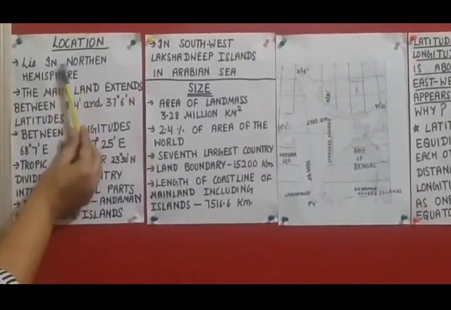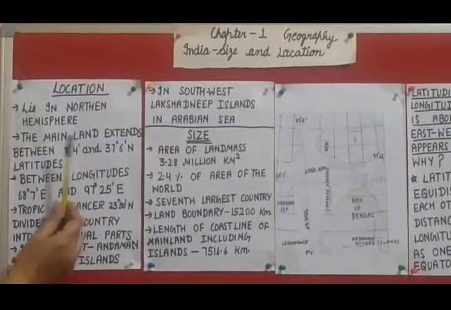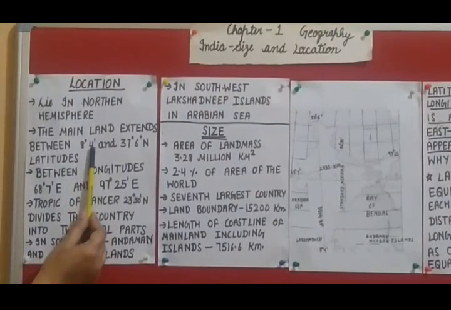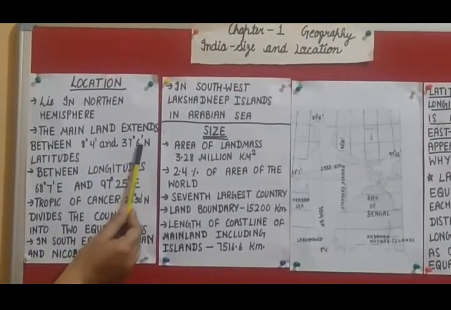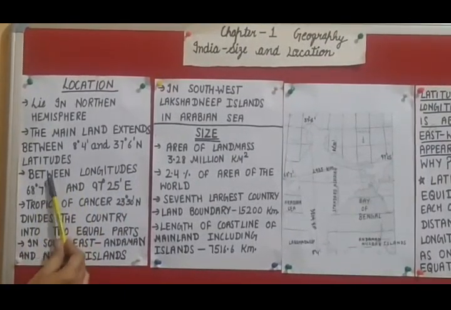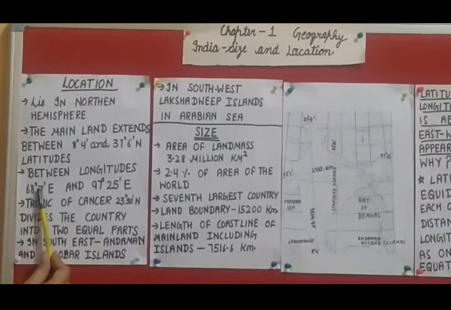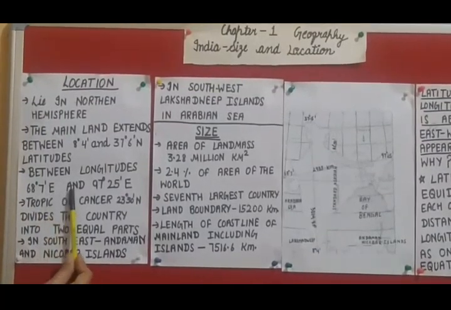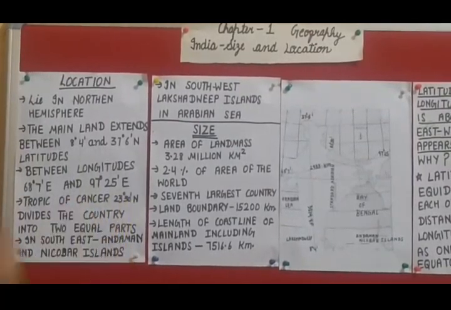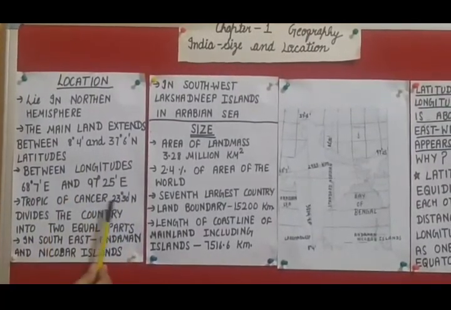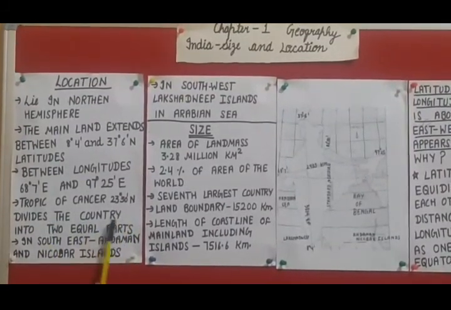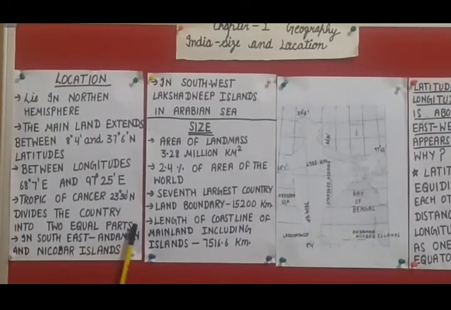That is why India lies in the northern hemisphere, and the mainland extends between 8 degree 4 minute and 37 degree 6 minute north latitude, and it lies between longitudes of 68 degree 7 minute east and 97 degree 25 minute east, right? Next, the Tropic of Cancer, that is 23.5 degree north, divides the country into two equal parts.